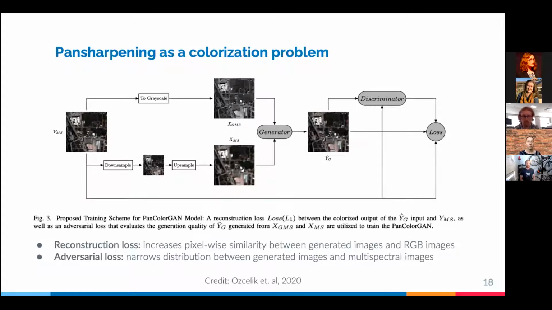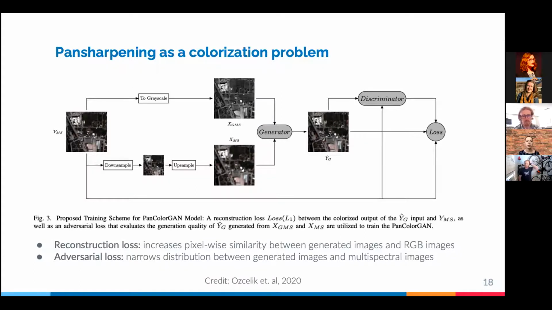So here's a proposed scheme from the PanColorGAN paper. It converts a high resolution multispectral image to grayscale, and then it also downsamples it to create a low resolution multispectral image, feeds both of these into a generator, and theoretically can generate a high resolution multispectral image that is a good representation of the original multispectral image.